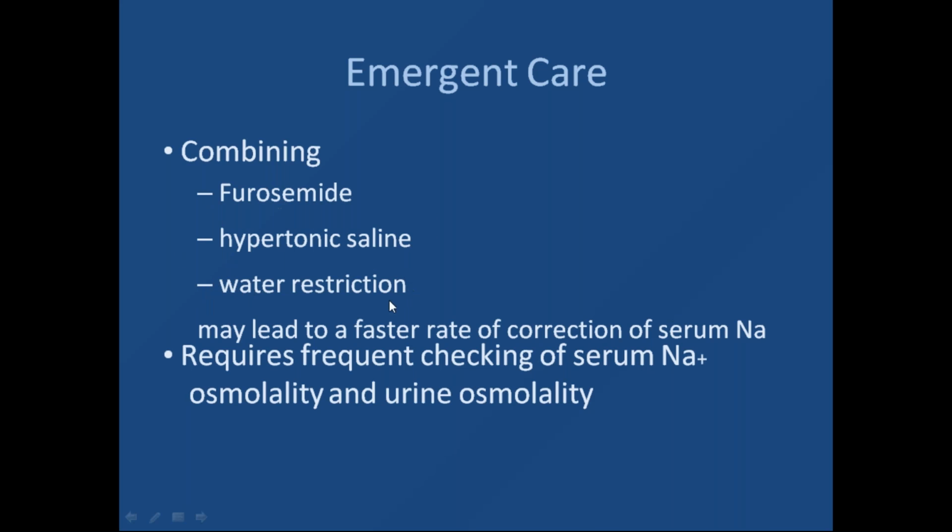Sometimes even water restriction alone is enough to treat a patient of hyponatremia. That is how important water restriction is. And furosemide may lead to a faster rate of correction of serum sodium. It requires frequent checking, as I have said, 6th hourly or 8th hourly checking of the serum sodium.